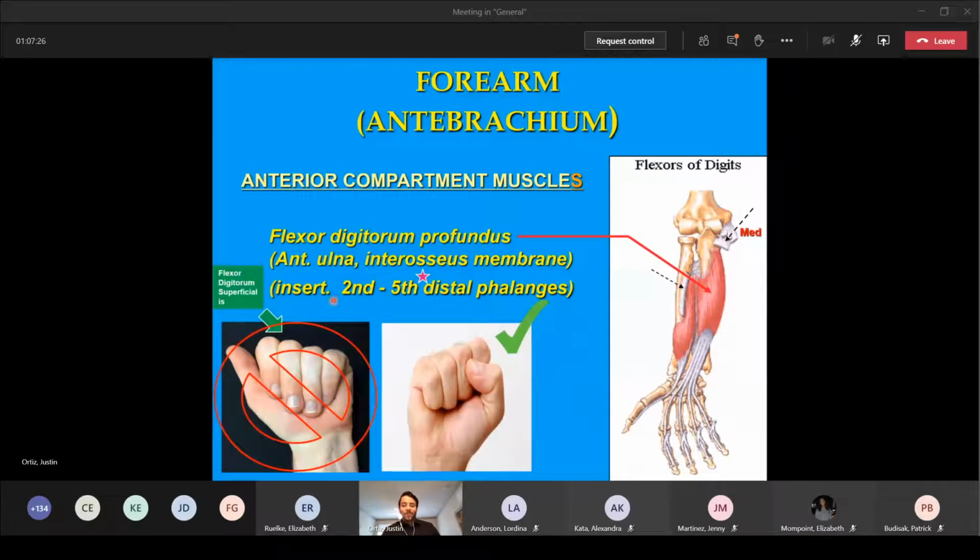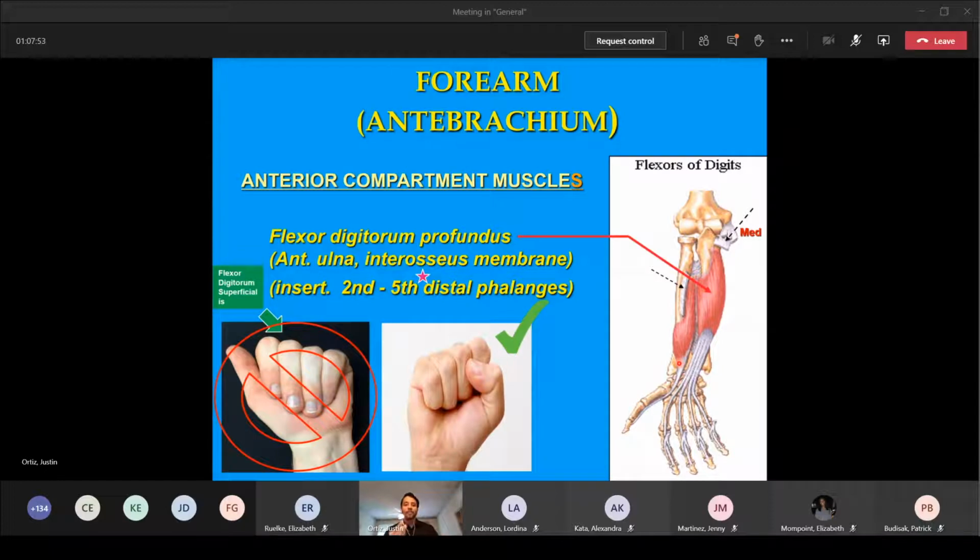Okay, and then flexor digitorum profundus, which we've talked about over and over again. It's going to the distal ends of your phalanges 2 through 5. Remember, distal. Since it goes to the distal, I put a check mark right here, allowing you to do this, and a stop right here because this would be flexor digitorum superficialis, right? So remember, your flexor digitorum profundus shares half of the interosseous membrane with your flexor pollicis longus.